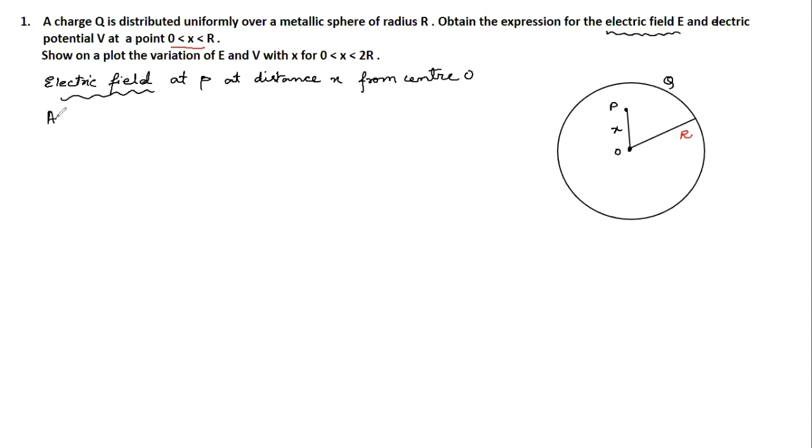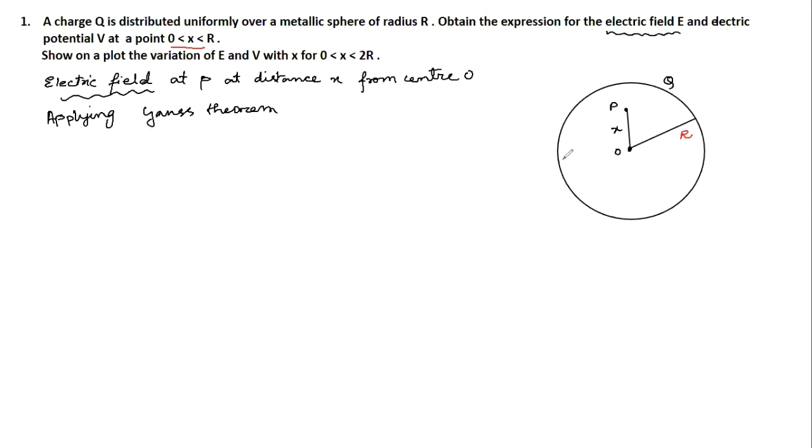Applying Gauss theorem: Gauss theorem states that the electric flux through any Gaussian surface is 1 by epsilon naught times the charge enclosed by the Gaussian surface. This is what Gauss theorem says.